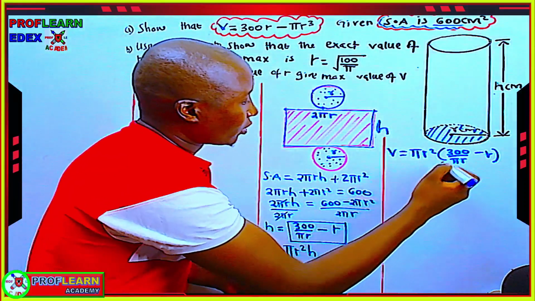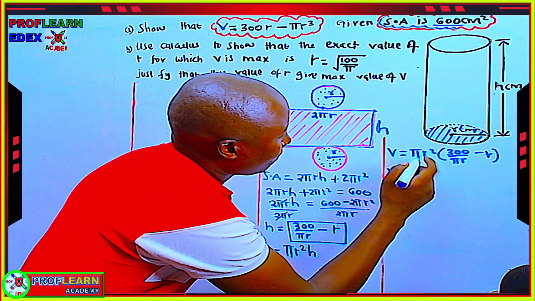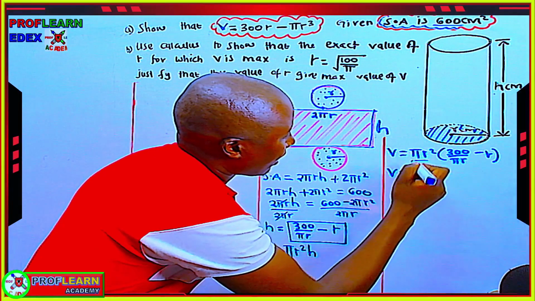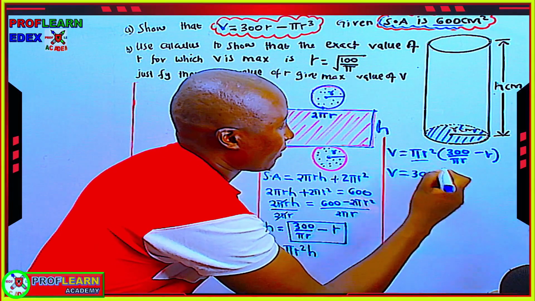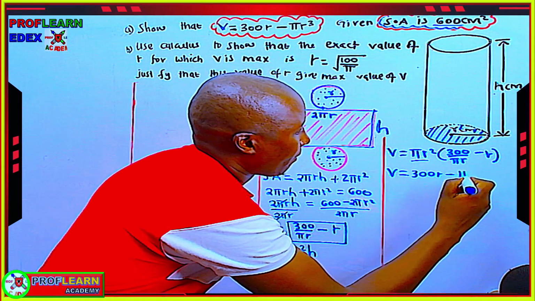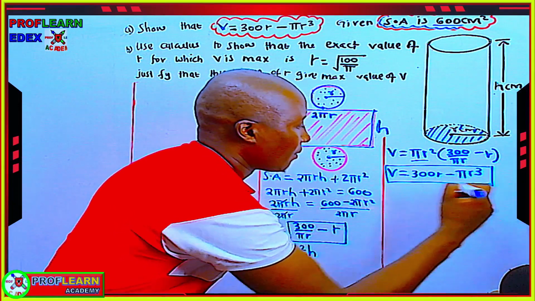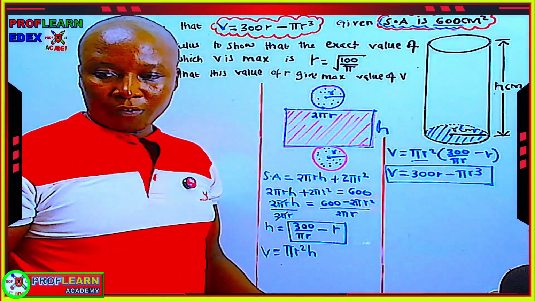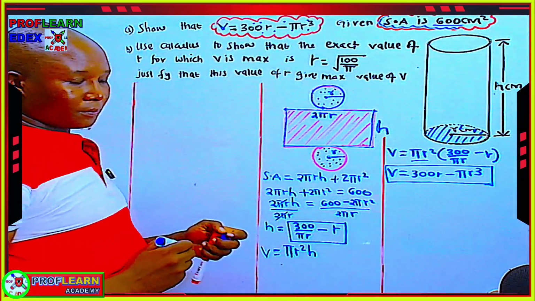If we substitute here and multiply, r will cancel out, we remain with 300r, and this is minus pi r cubed. And now this becomes the value of the volume that we were supposed to show.